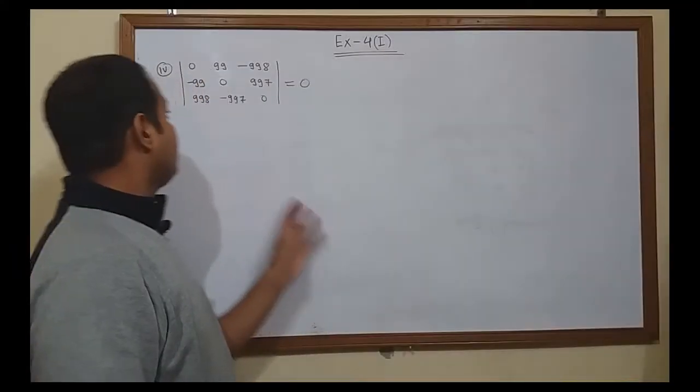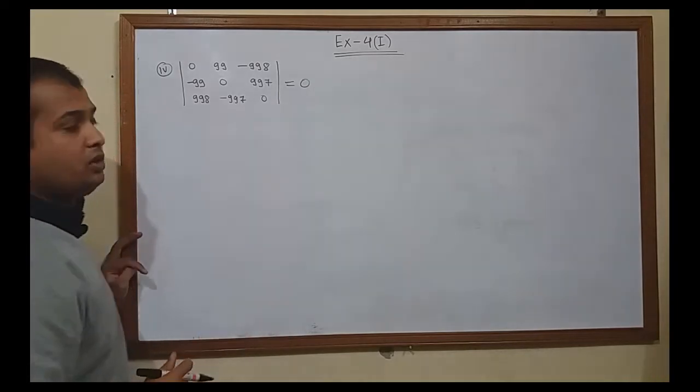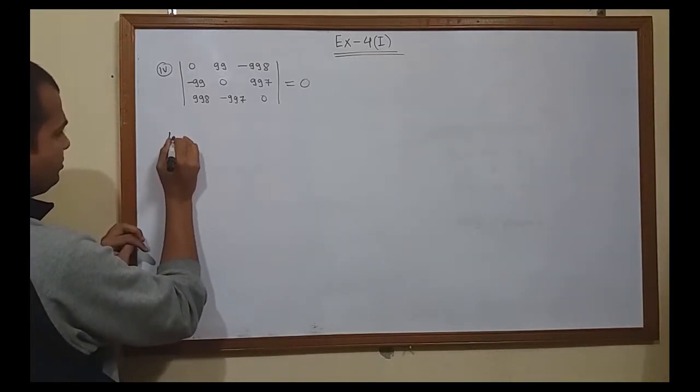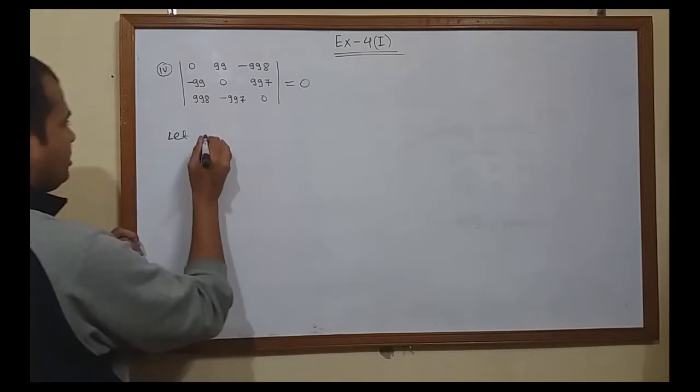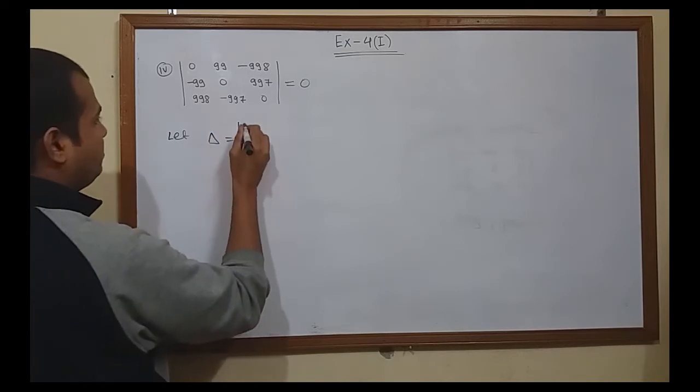Okay children, now let us see question number 4. Here we have to show that this determinant is equal to 0. So what I'll do, I'll write let delta equal to this.